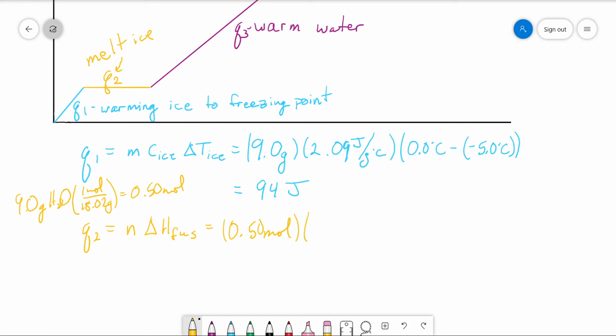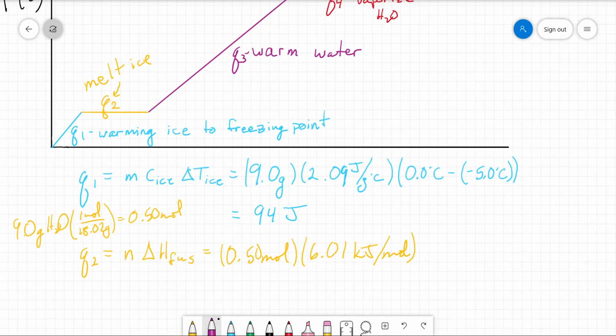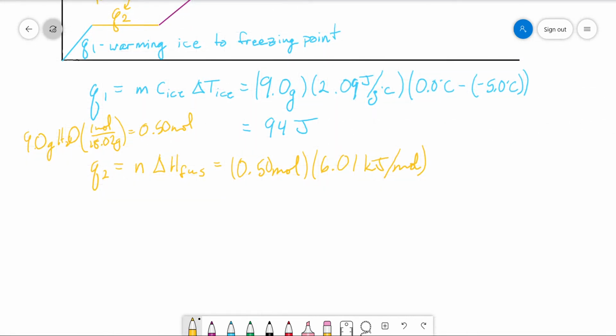All these values will be given to you. You need to know the molar mass of water, but you don't need to know the delta H of fusion for water. What is this equal to? That's 3.0 kilojoules. Note that we have joules and kilojoules, which we'll need to take care of in the end.